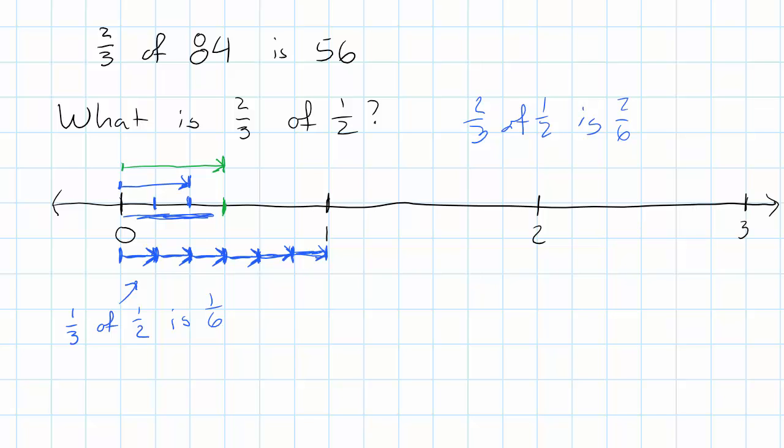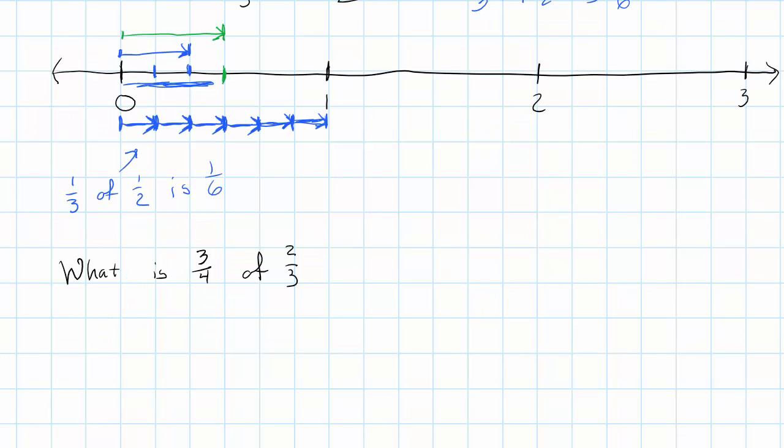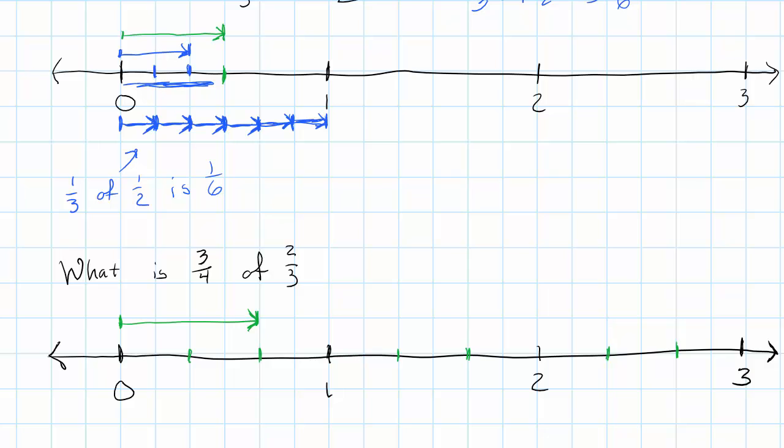If we wanted to work with more complicated fractions, say we wanted to find what is 3/4 of 2/3, well, again, we'll draw our 2/3, and then each of these thirds will split into 4 equal parts, and we'll take 3 out of each one. So here's 3/4 of the first third.